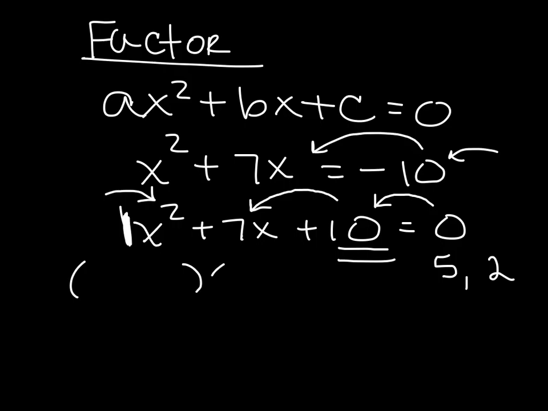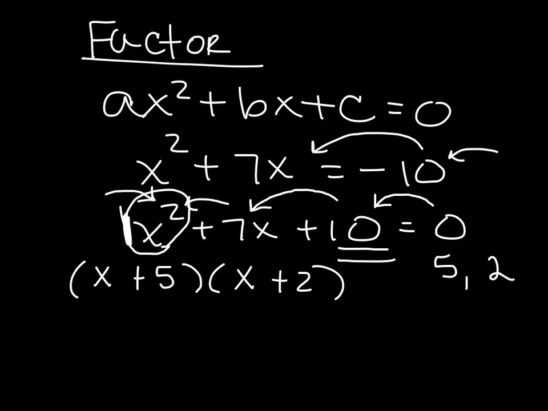You just set out your two sets of parentheses, you put your factors in them, and you split whatever variable this is. So it's an x squared, so it would split into x and x. Since these are quadratic, this is always going to be even, and you're going to be able to split it.